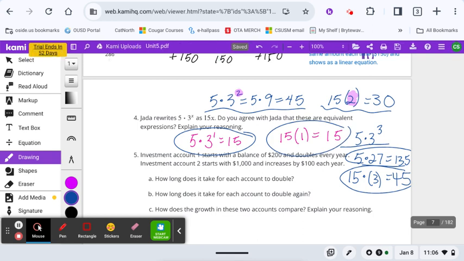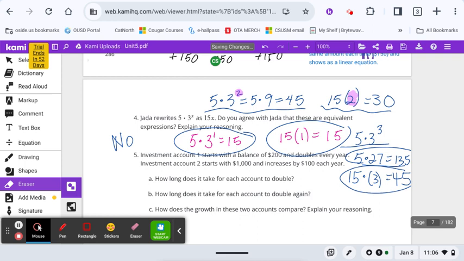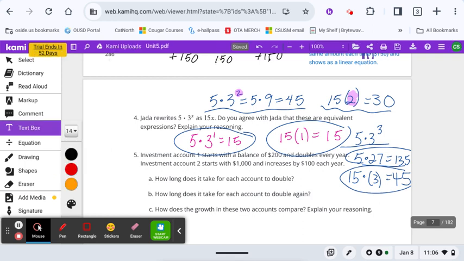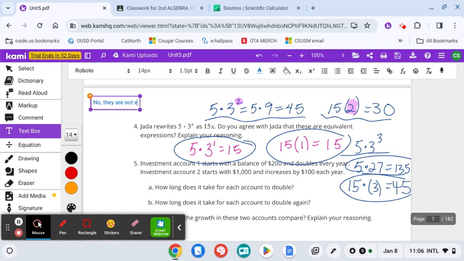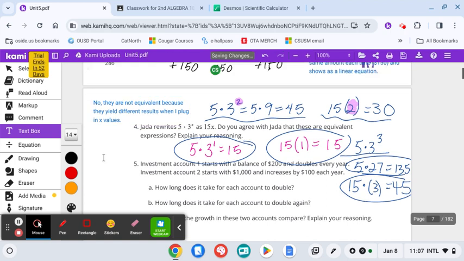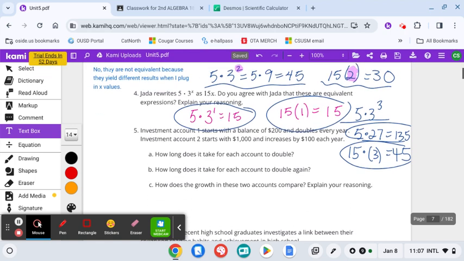If I use an x of anything else, no, they are not equivalent because they yield different results when I plug in different x values. Again, writing that in your own words based on the work that you showed.